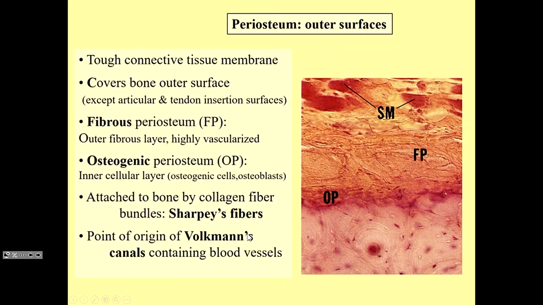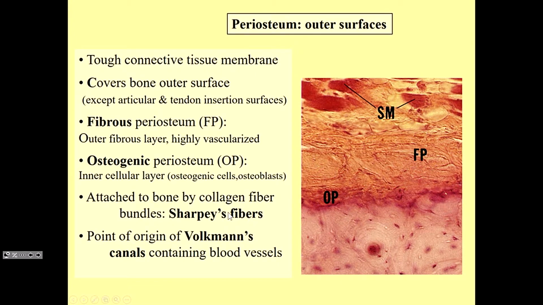So the periosteum appears thus. Basically it looks like a layer of fibroblasts perhaps. And we have a fibrous layer of periosteum. And then we have a layer of osteogenic periosteum, which is now differentiating into perhaps osteoblasts to deposit the osteoid. And this osteogenic periosteum is bound to the bone proper via Sharpey's fibers.